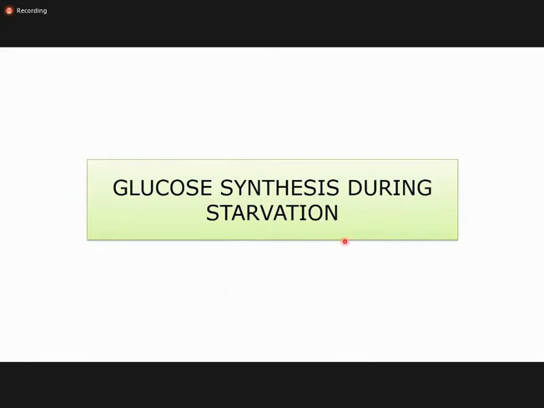Now, glucose synthesis during starvation. It is very important as far as starvation is concerned, and this discussion you can understand by using a plot between glucose oxidation on the y-axis and the time in hours on the x-axis.